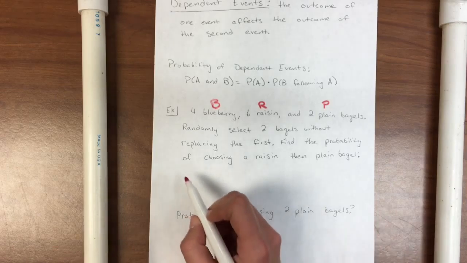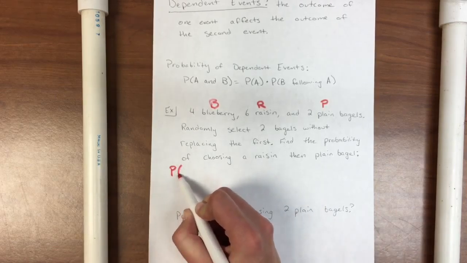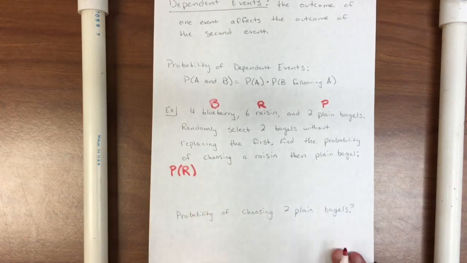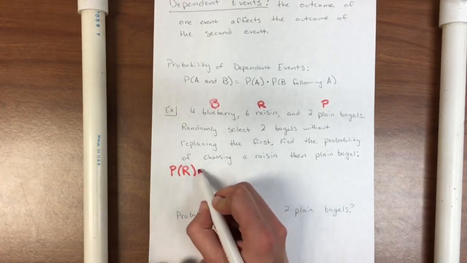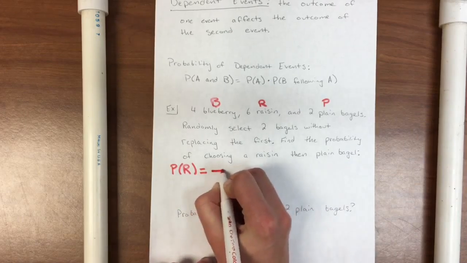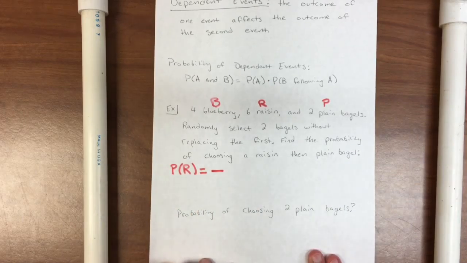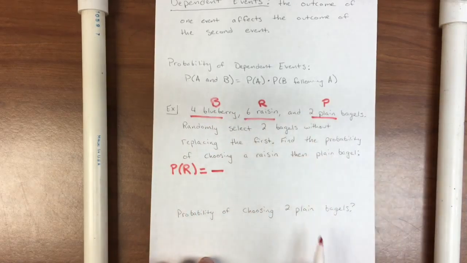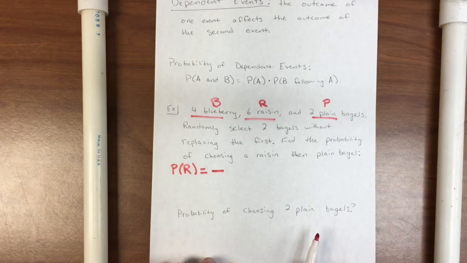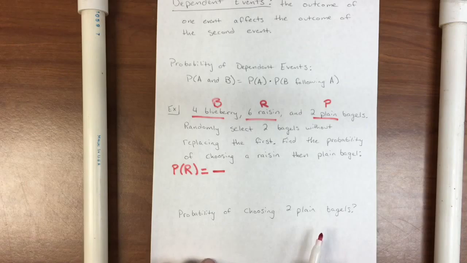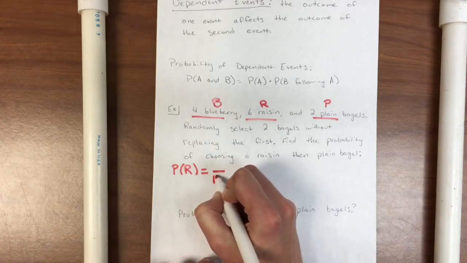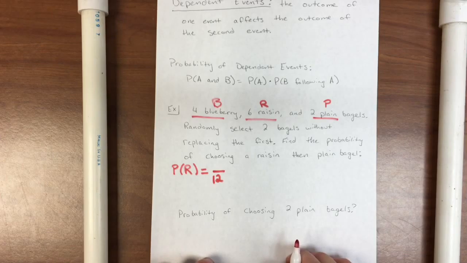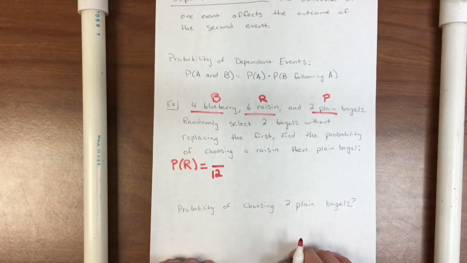Right, finding the probability of a raisin bagel. First, we're choosing a raisin bagel. So we need to think about the total number of bagels that we have. So we have 4 blueberry, 6 raisin, and 2 plain. So that should be 4 plus 6 plus 2, which is how many? 12. So we have 12 total bagels. Now we need to look at how many raisin bagels we are choosing from.